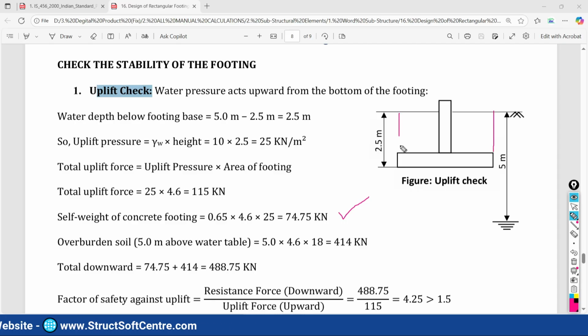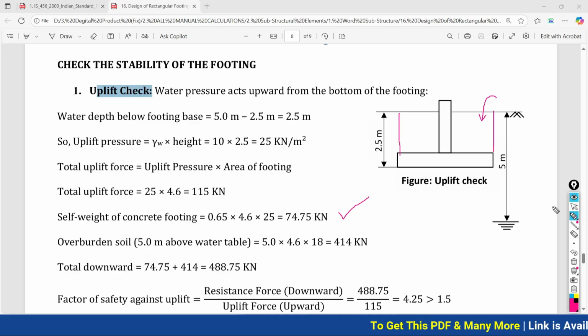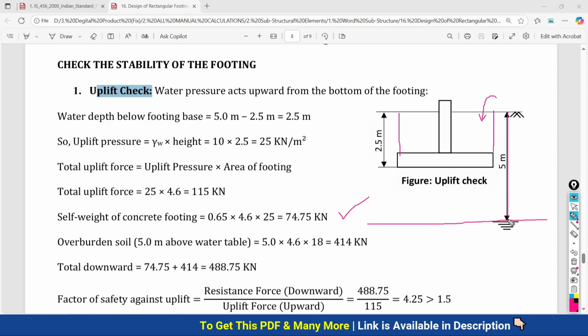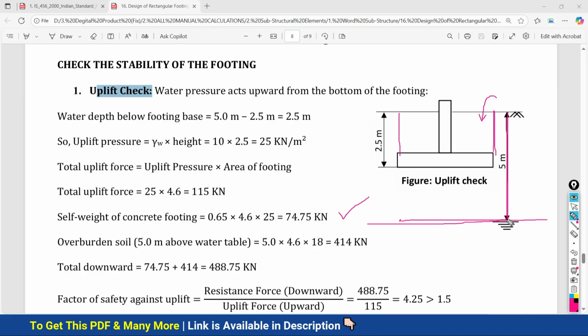Plus this part will be filled with soil, and that is going to be called the overburden. Overburden pressure, or overburden load, we sometimes call it. So overburden soil 5 meter above the water table. So above the water table, this is the water table. So this total height we have to consider. Not only this height, we have to consider this total height.